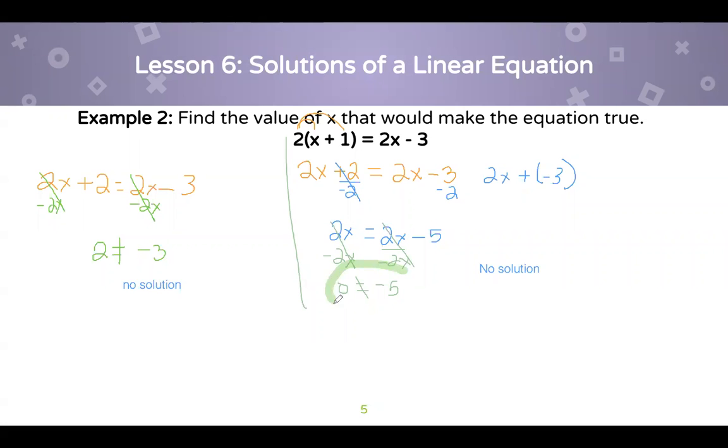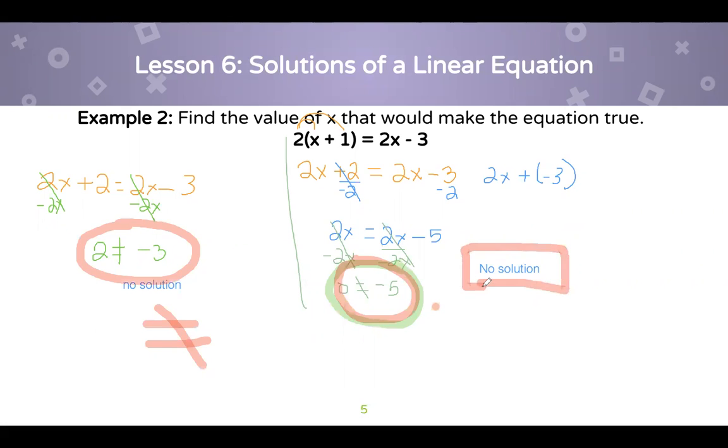I should see something like this, or I said I was gonna circle it in red, that's green. Right, maybe I'll see something like this where you did the work, you came out with something that didn't work. Instead of writing an equal sign, make sure you're writing a symbol that looks like this, an equal sign, but a line through it, that means not equal. And then you can also write and tell me that there is no solution.